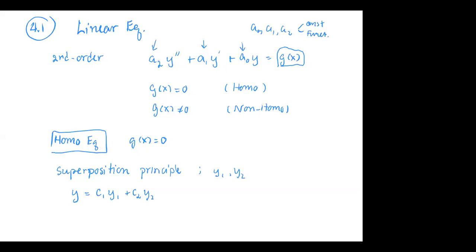You could use C star or D or whatever notation you like, but in general, we just use C as a constant. So C1 with the solution y1, C2 with the solution y2 as a general pattern. So the superposition principle says you can write all solutions as a linear combination for the same differential equation. That's the homogeneous superposition principle.